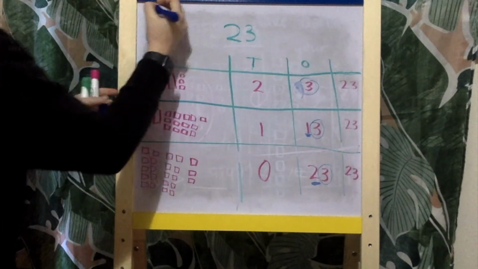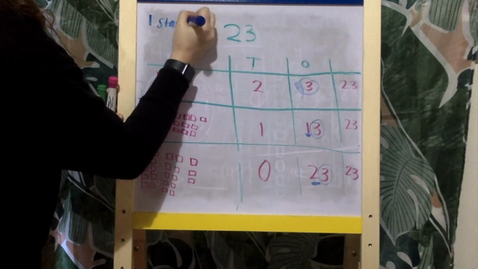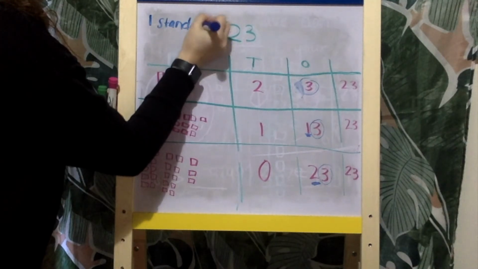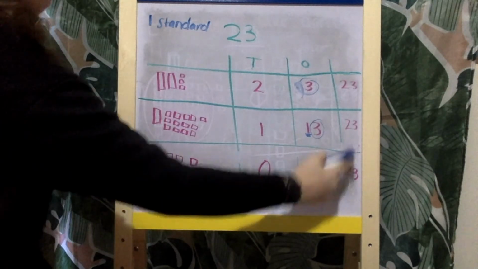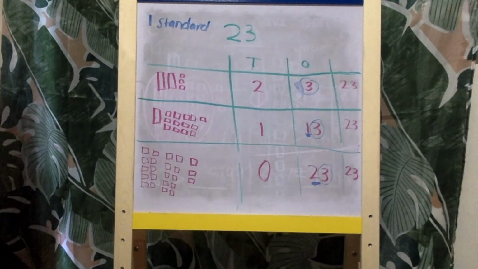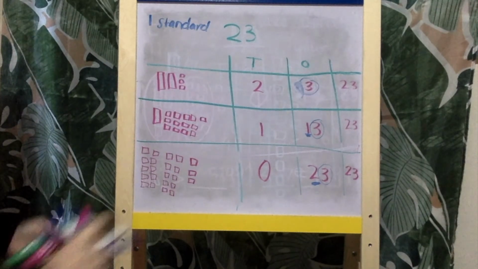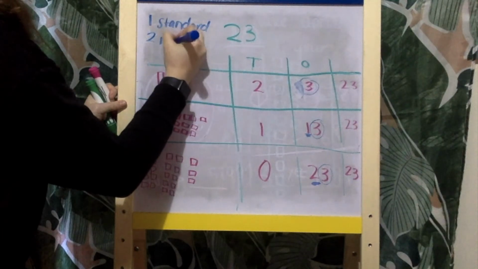That's right, we used 1 standard way. How many non-standard ways did we use to work out 23? Now remember, a non-standard way still equals the same number, but not as efficient. So not as quick. We use 2 non-standard.